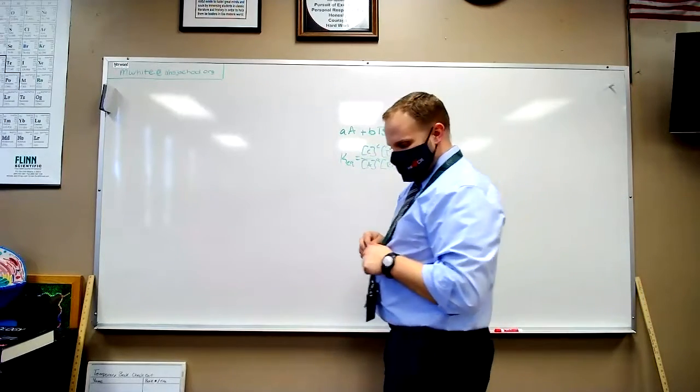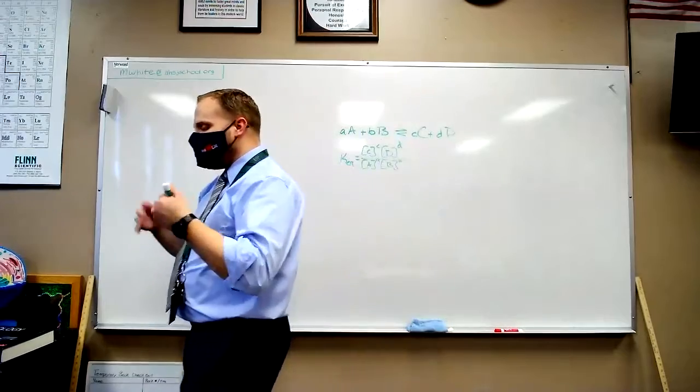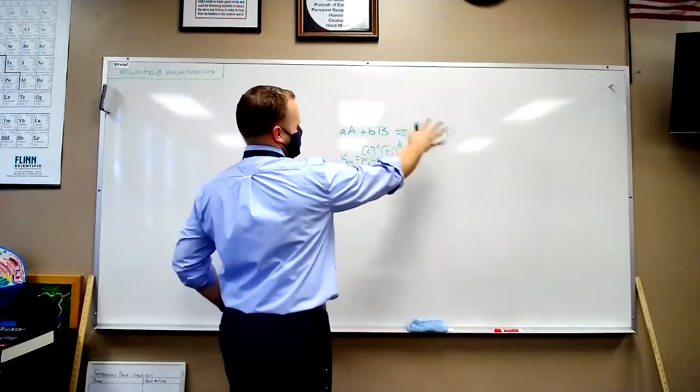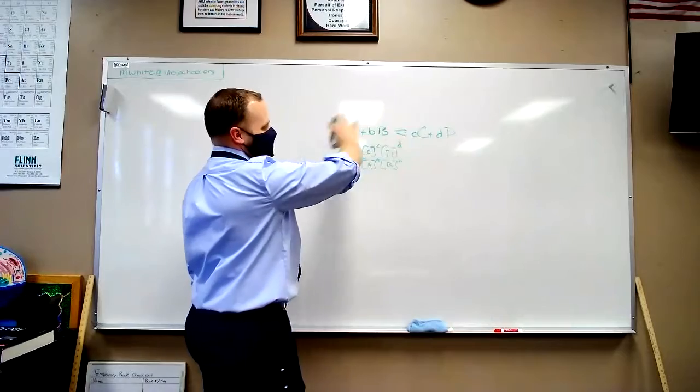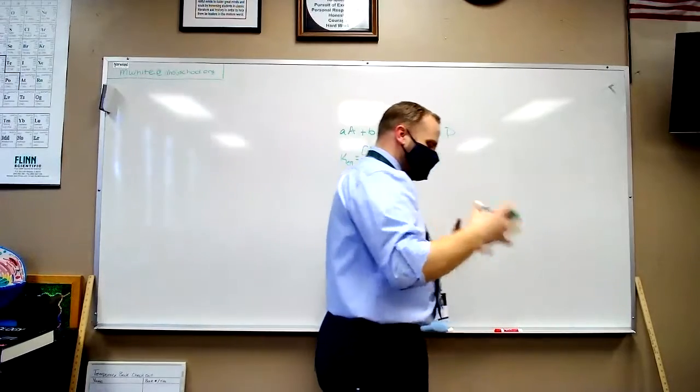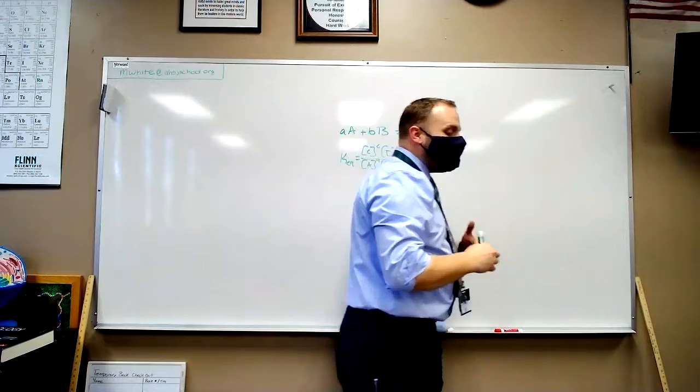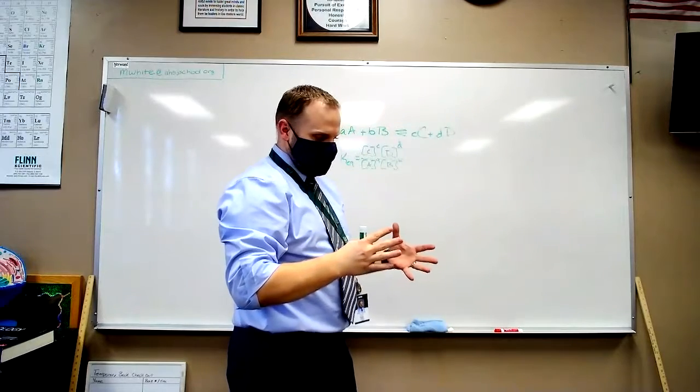And basically, he said, if we have a system, and we'll consider the entire reaction and everything that's happening in it, if we have a system that is at equilibrium, we can put a stress on the system.